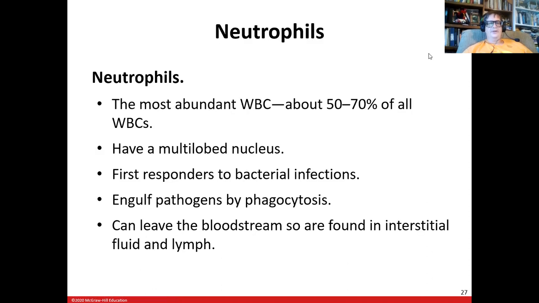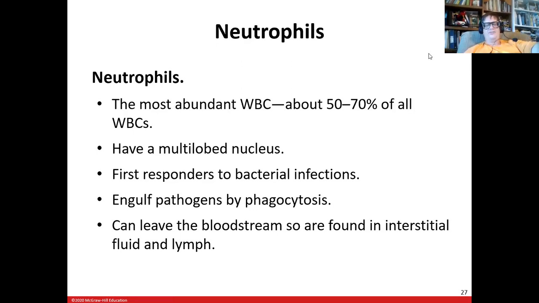All right. So neutrophils are the most common white blood cell. 50 to 70% of your white blood cells are normally neutrophils. They have a really lumpy multi-lobed nucleus. They are your first line shock troops.